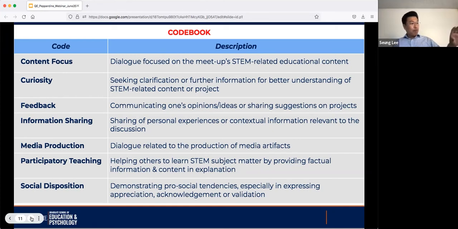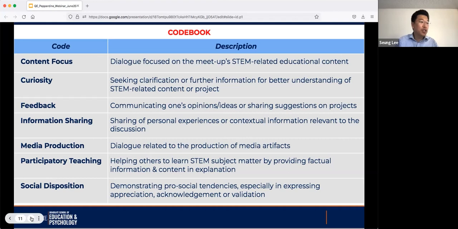For example, we have a code called content focus, which is used whenever the students are talking about STEM related content. We have a code called curiosity when they're asking for further information or they're seeking clarification. We have a code called feedback when they are communicating their opinions or making suggestions.